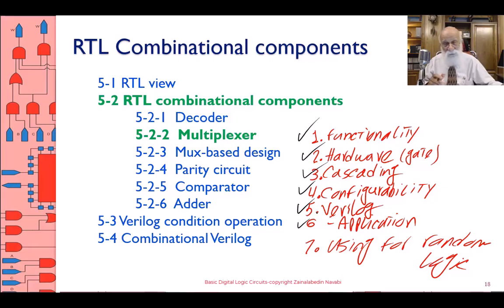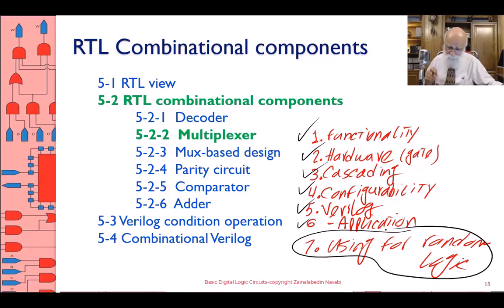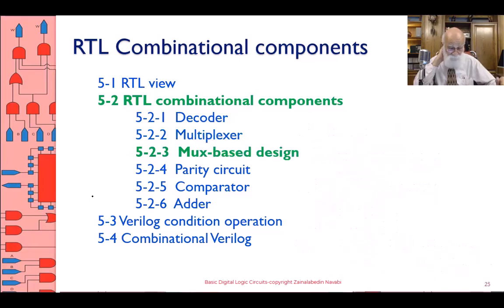The application for selection, for serialization, and all that. But then there is something else that we did not finish, and that was using the multiplexer for random logic, or actually the MUX-based design, which I'm going to continue with now. And then we go on to the next one.